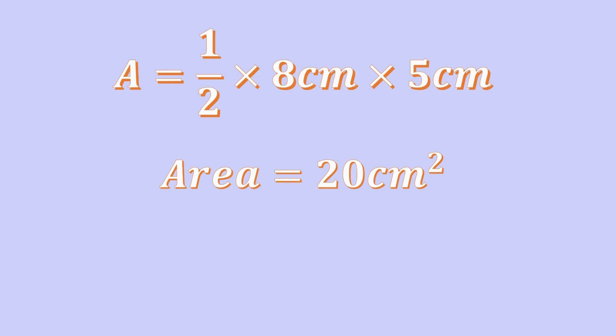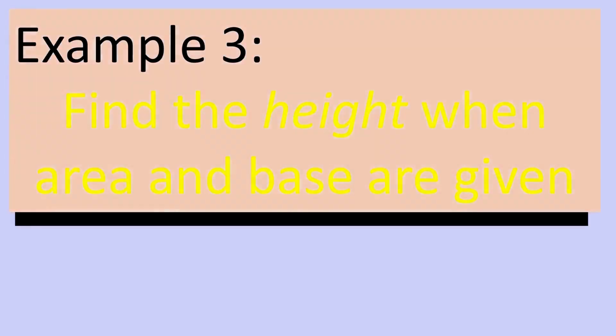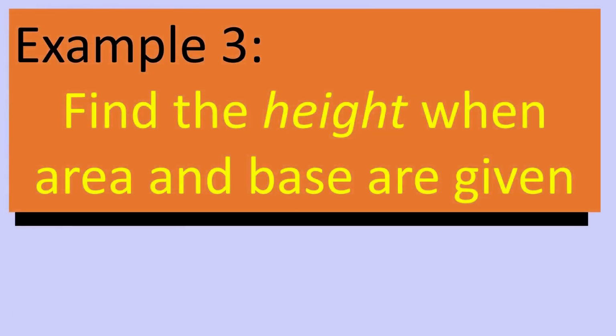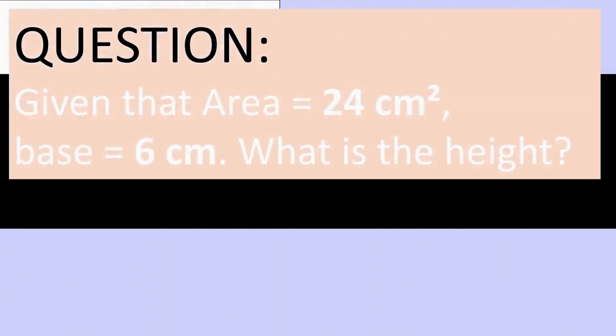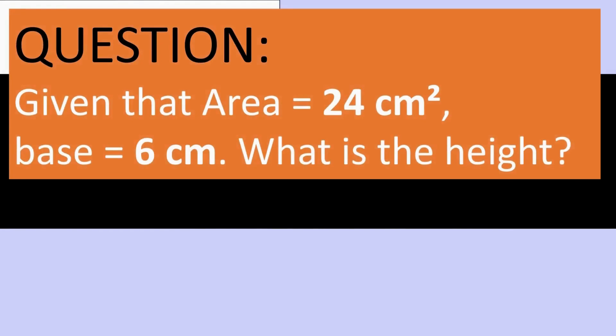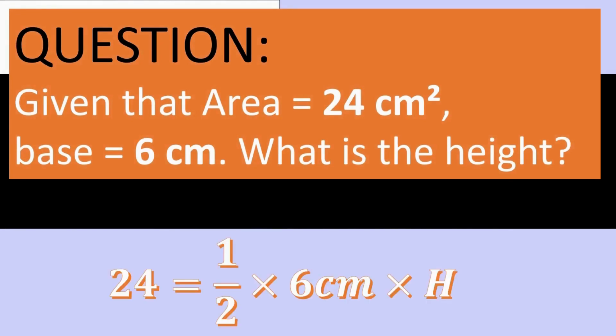Same formula, different triangle. For our final example, we'll work backwards. Let's say the area of a triangle is given as 24 square centimeters, and the base is 6 centimeters, but we don't know the height. We still use the same formula.